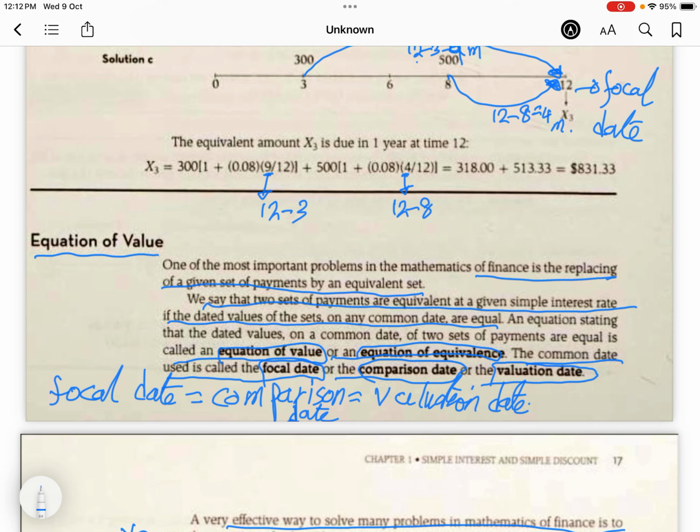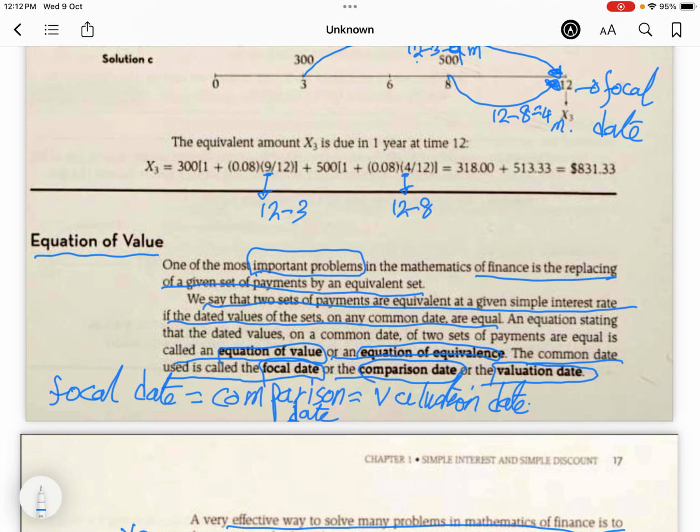We will now transfer to another topic, approximately the same, which is the equation of value. One of the most important problems in the mathematics of finance is replacing a given set of payments by an equivalent set.